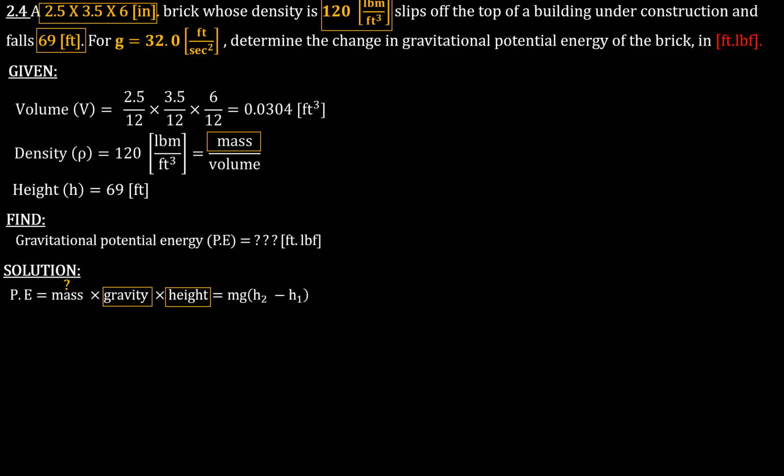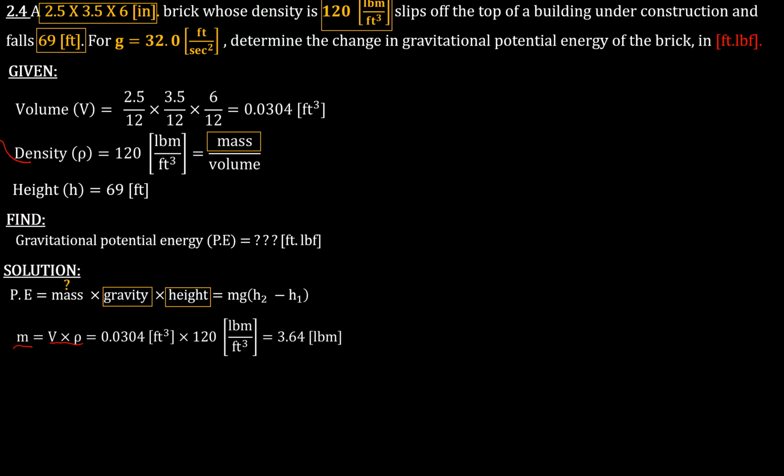So let's go back to density. Density is mass over volume, so let's solve for mass. We move volume to the other side of the equation, from division to multiplication. That gives mass equal to volume times density.